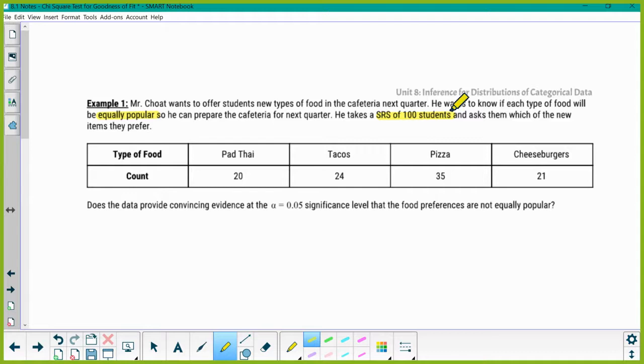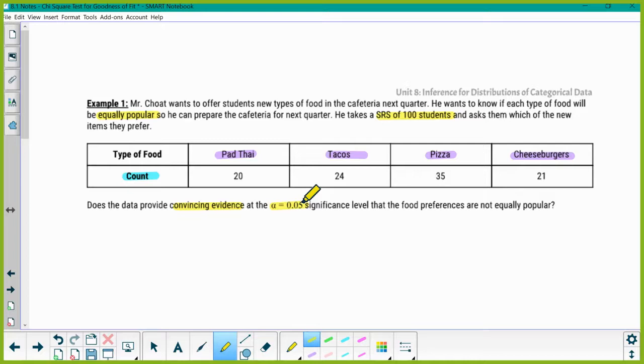So we have a table, and I see that I have one row with multiple columns. Right away, that's a signal that I should be doing a goodness of fit test because I don't have a two-way table. Does the data provide convincing evidence at the alpha equals 0.05 significance level that the food preferences are not equally popular?